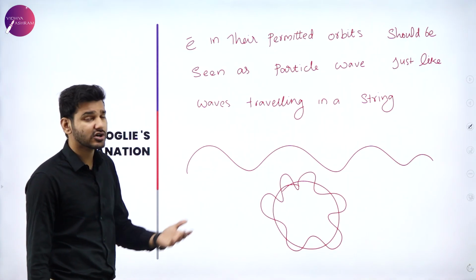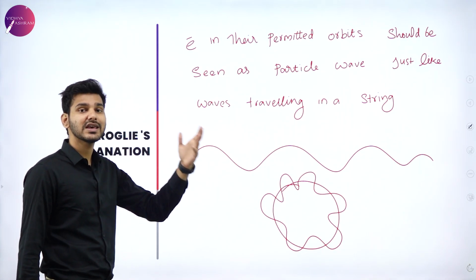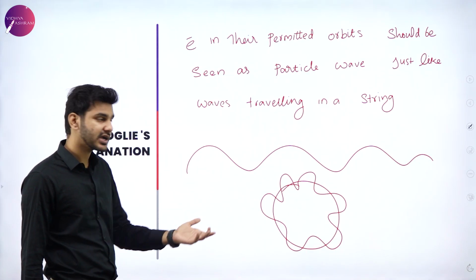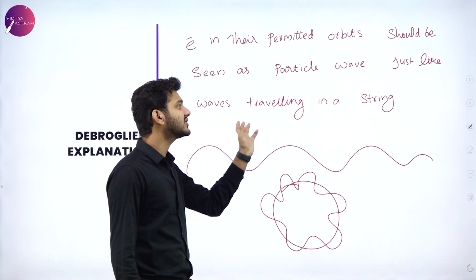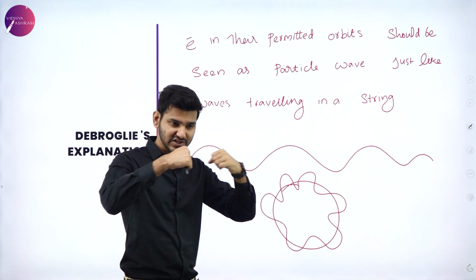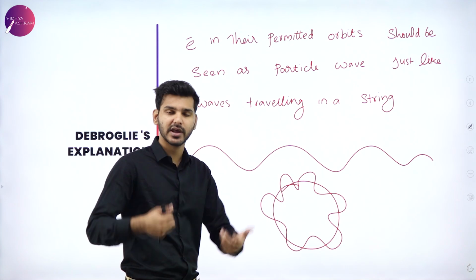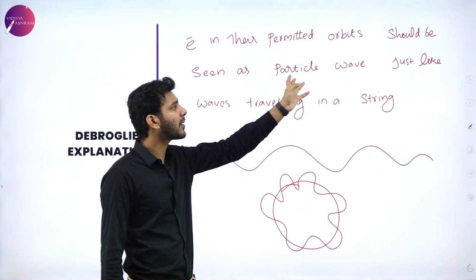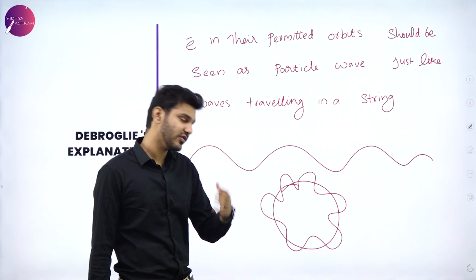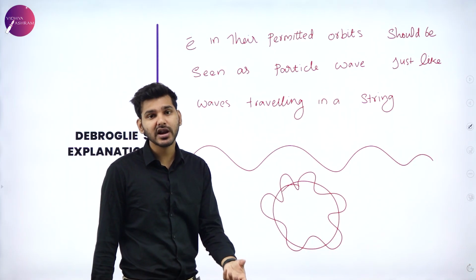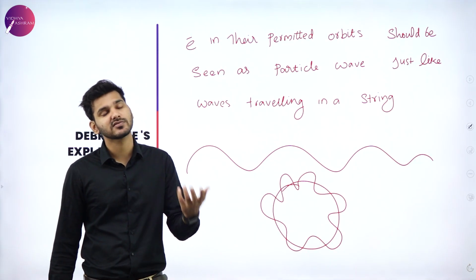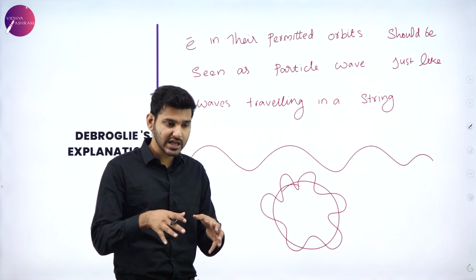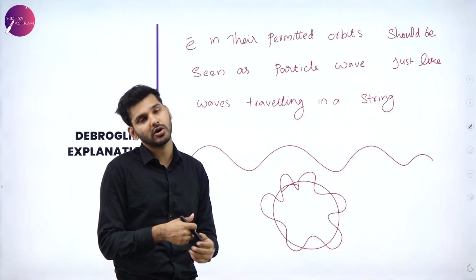He said that the electrons traveling around the nucleus in a particular fixed orbit will be behaving like particle waves, just like waves traveling in a string. The vibrations will be similar to that of a particle wave in an electron, which just states that electrons have wave characteristics as well as particle characteristics. So this is de Broglie's theory being applied onto subatomic particles.